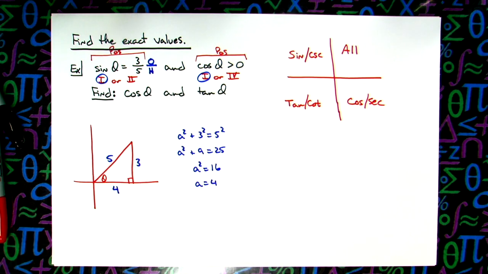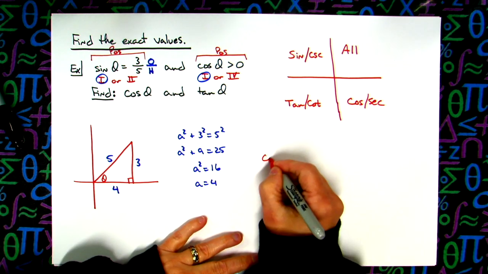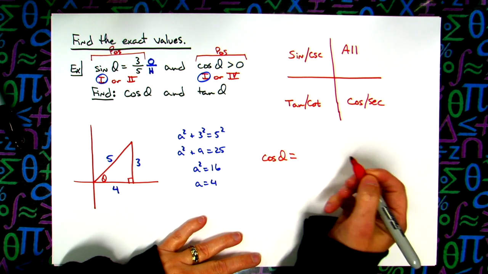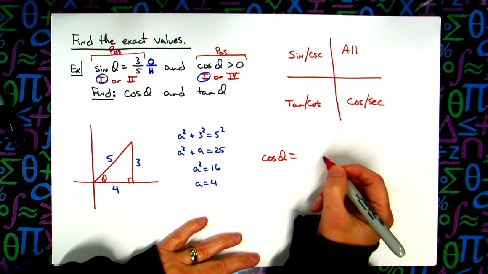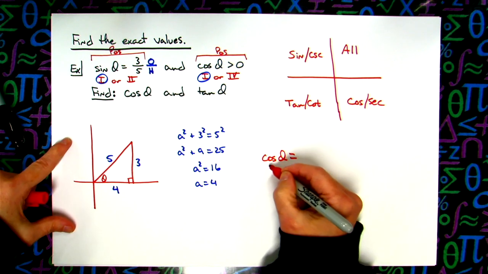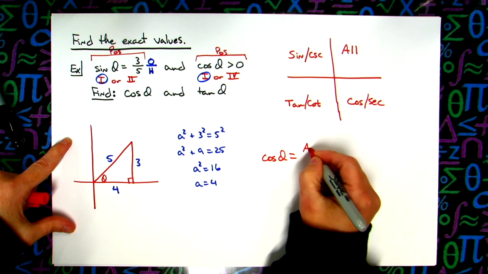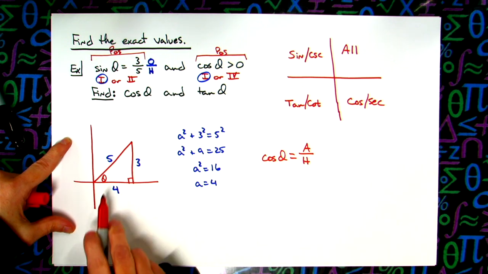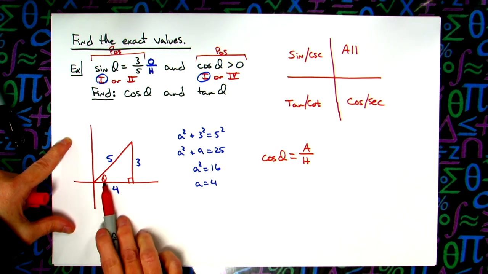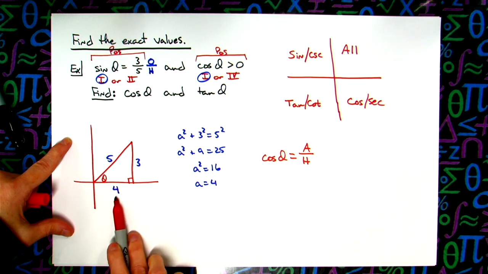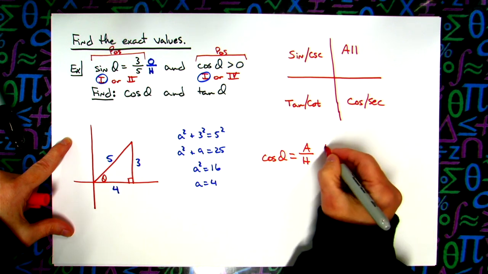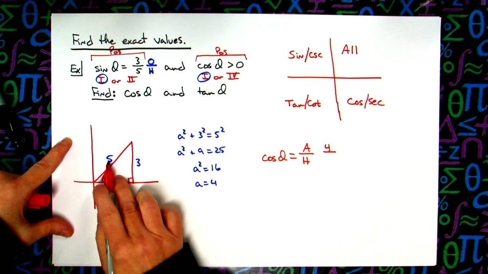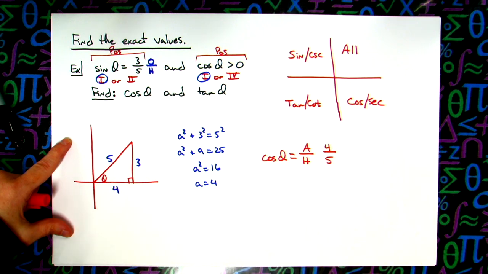They're asking me to find cosine theta. If I have my right triangle trig definitions memorized, cosine is adjacent over hypotenuse. So I'm going to use my triangle. My adjacent side is 4, so I put 4 up here, and my hypotenuse is 5, so it's 4/5.